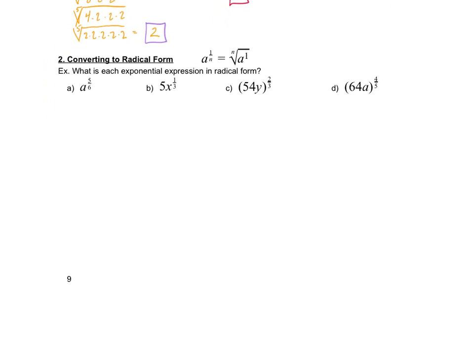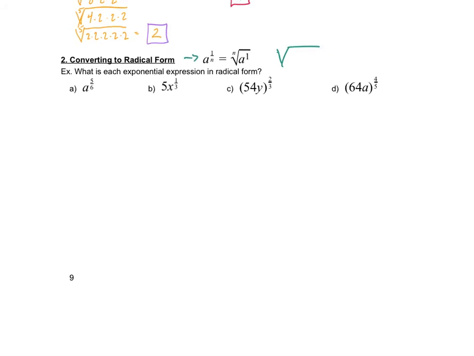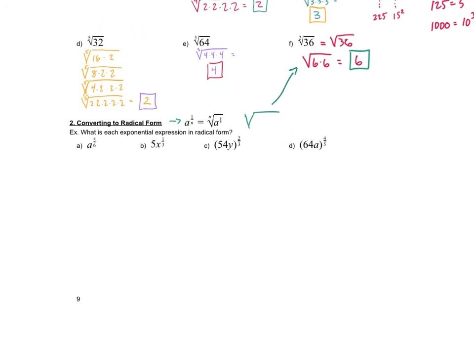Converting to radical form. Okay, here we go. I can rewrite this radical as we were looking at it. If I look at this very last one, the second root of 36, it can be rewritten as 36 to the 1/2. Right here you'll notice that 36 is to the power of 1, and then we're looking for the second root, so we get 36 to the 1/2 power.